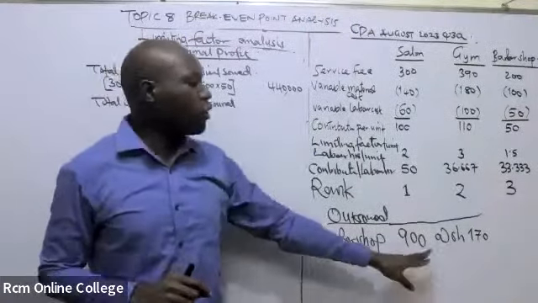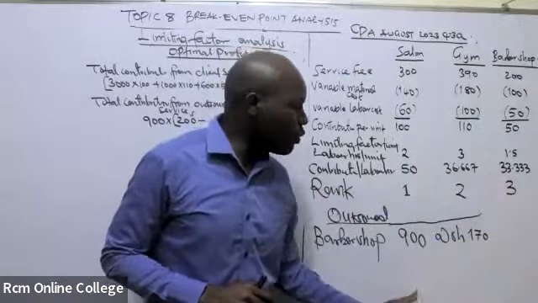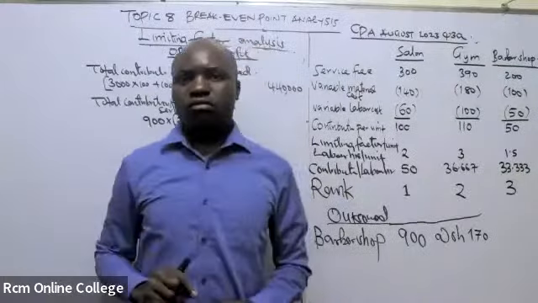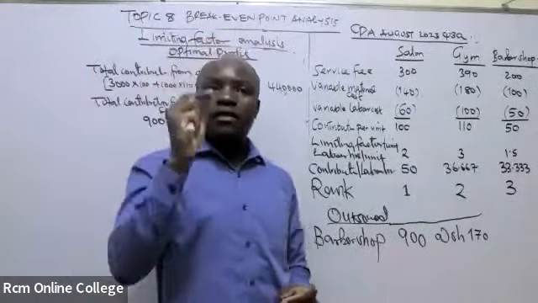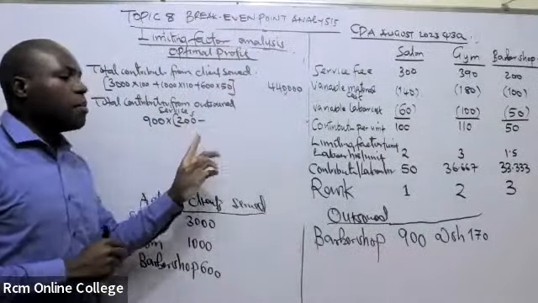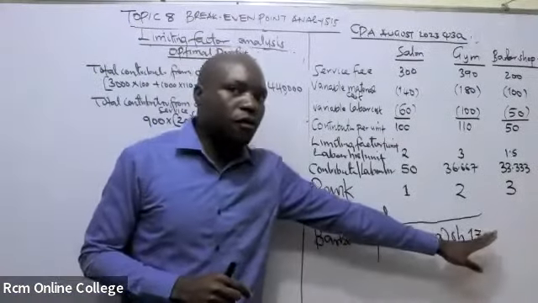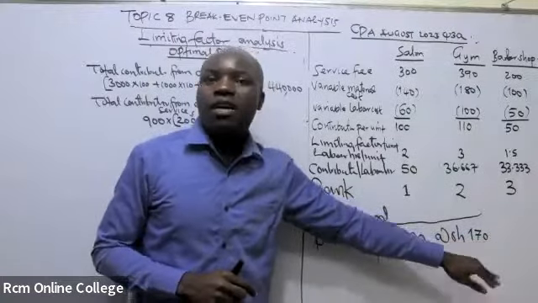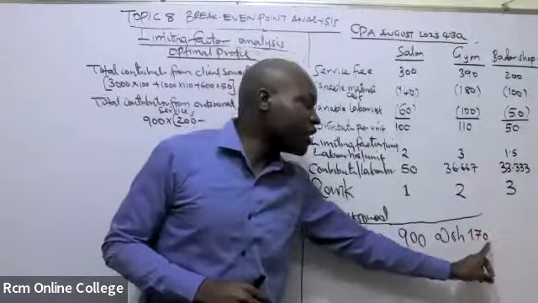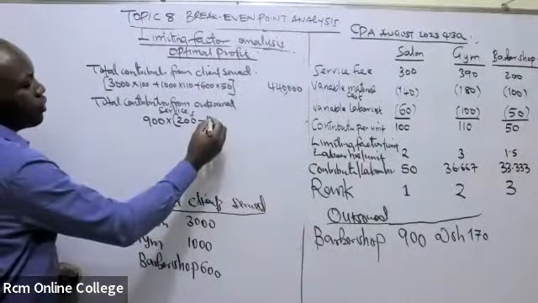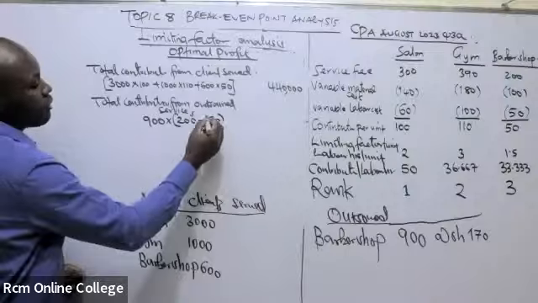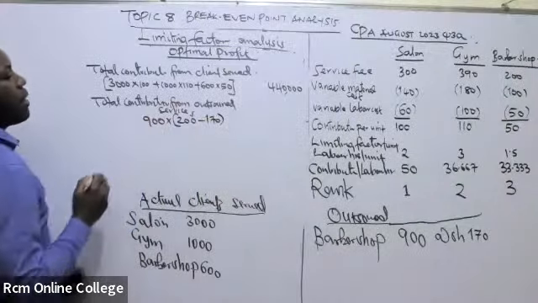You have to pay 170 per person, but these people paid you 200. Each of them paid you 200. So the revenue you received is 200 shillings. But the amount you are paying out for them to be served by the other person is 170. So that is the variable cost for you when you now transfer them to the other person.